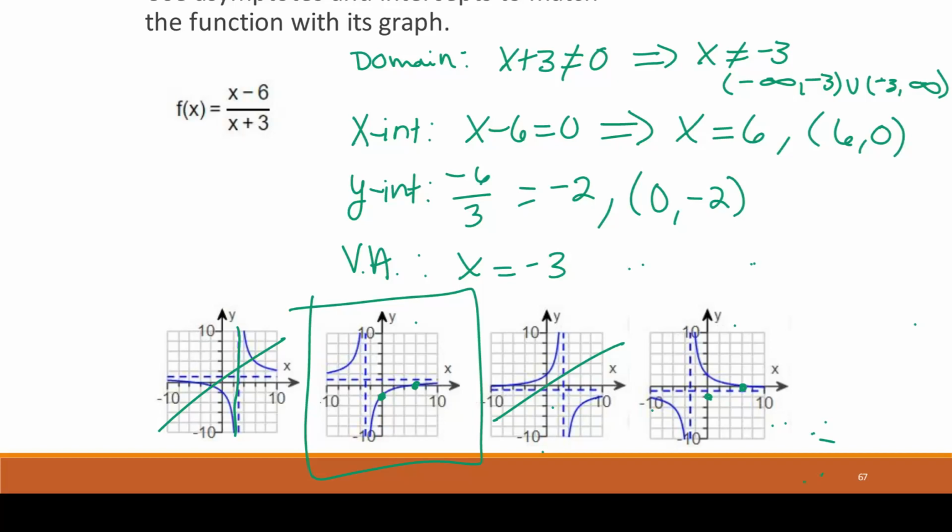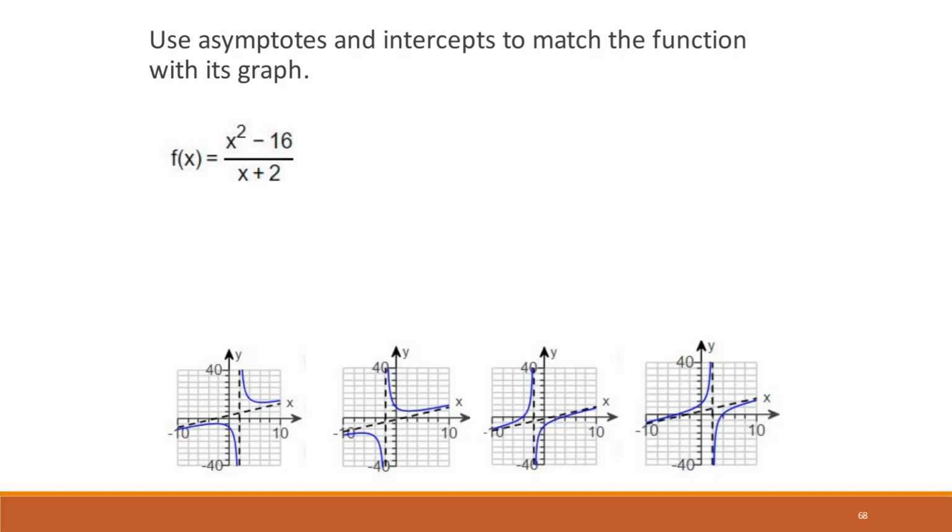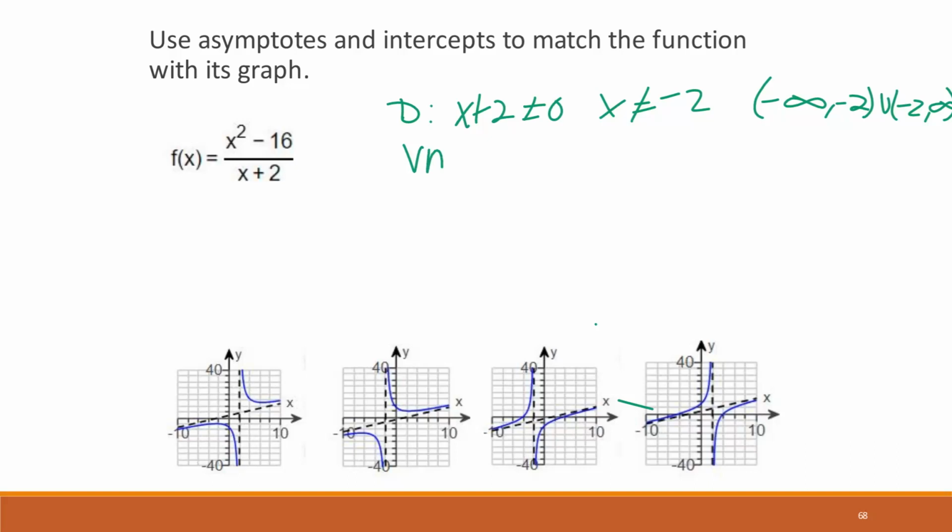Let's go look at another. So here, first, we know that our domain, x plus 2 cannot equal 0, so x cannot equal negative 2. So our domain is negative infinity to negative 2, union negative 2 to infinity. This also tells us that we have a vertical asymptote at x equals negative 2.